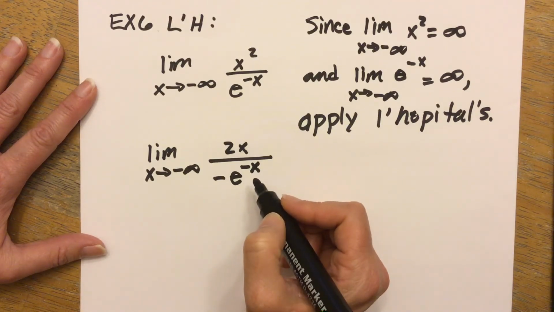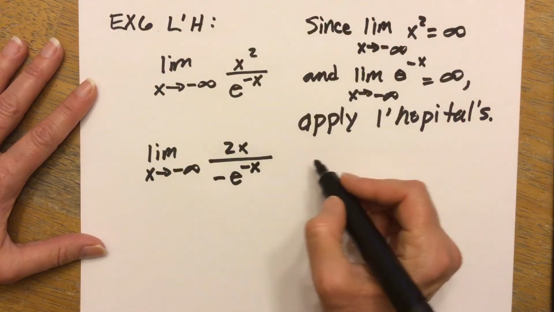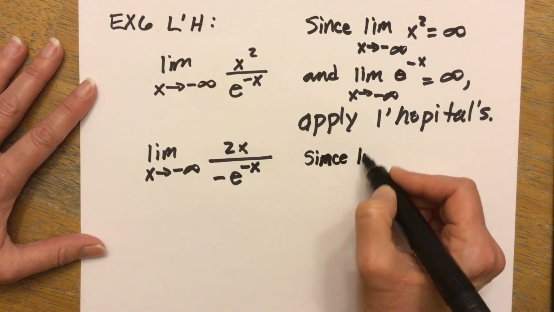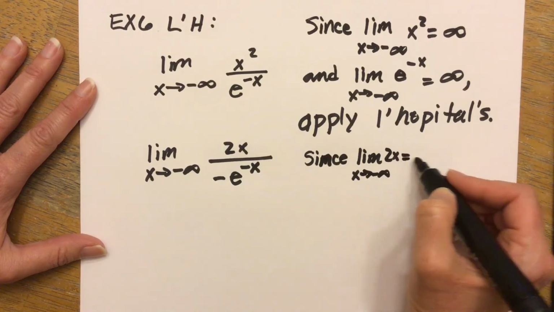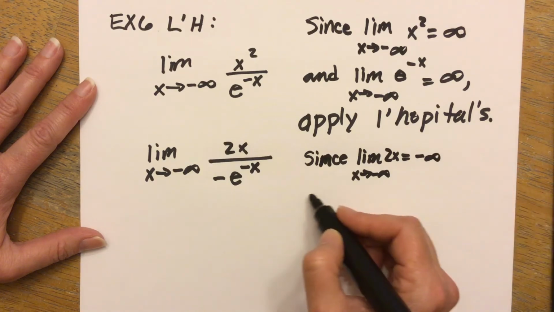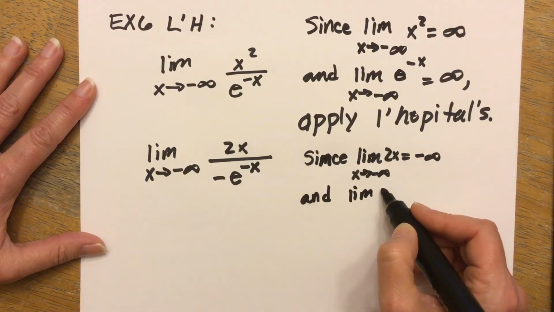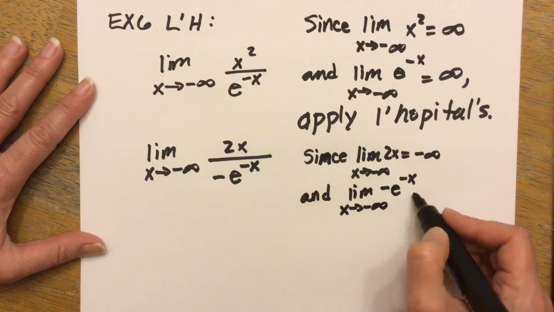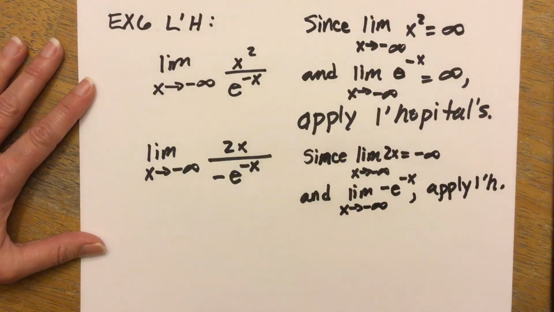Now, the same thing happened up above: the limit of 2x as x approaches negative infinity is equal to negative infinity, and on the bottom, that limit is also negative infinity, which results in an indeterminate form. And so once again, we're going to apply L'Hopital's.